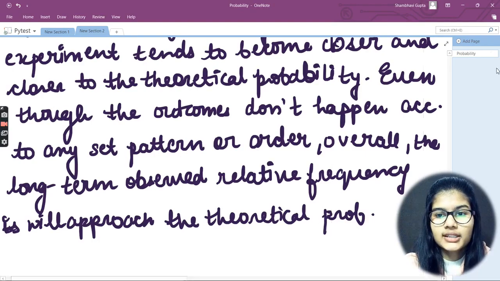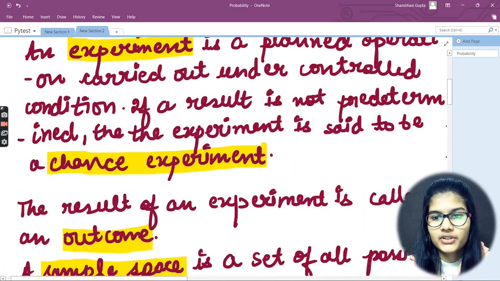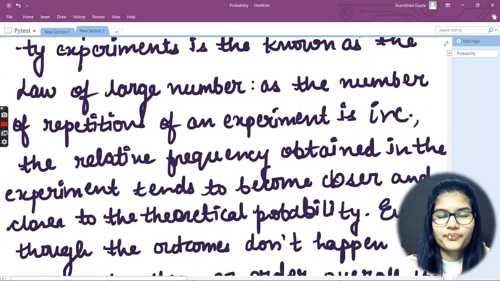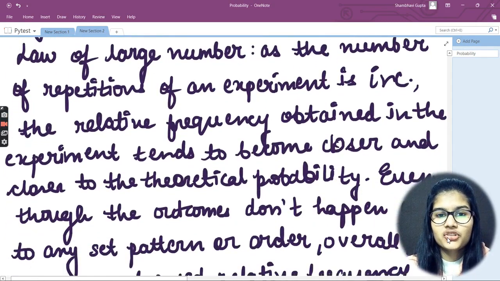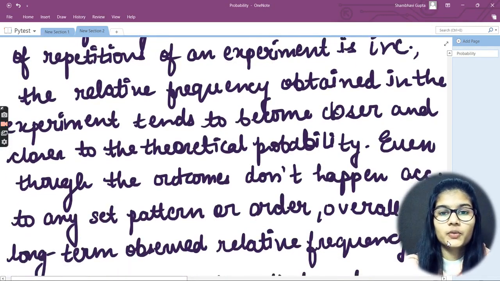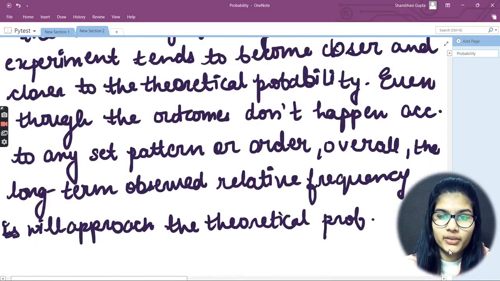So this is the law of large numbers. What does it say? It says that as the number of repetitions of an experiment increases, the relative frequency which is obtained in the experiment tends to become closer and closer to the theoretical probability.